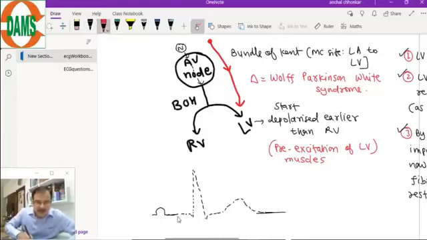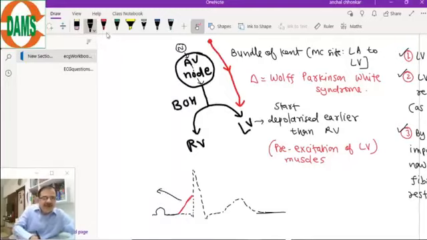So there will be a left ventricle depolarization which will be seen like this. Red one. There is a slanting wave, a depolarization wave which proceeds relatively slowly. This wave is known as the delta wave.